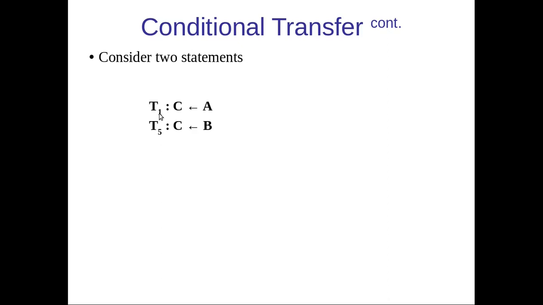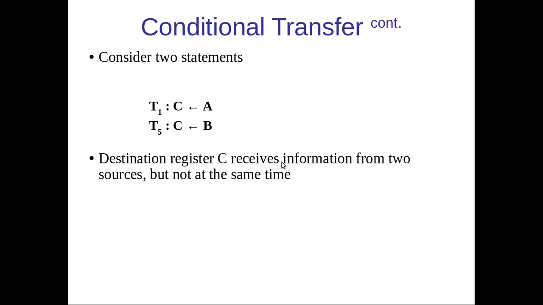So whenever T1 becomes 1, this operation will be performed, and whenever T5 becomes 1, this operation will be performed. Here the special case is that the destination is the same in both cases. Here is also C, here also C. Destination register C receives information from two sources, but not at the same time.